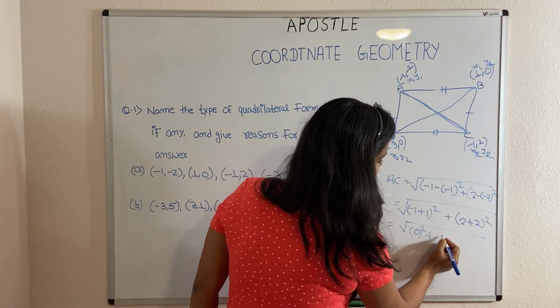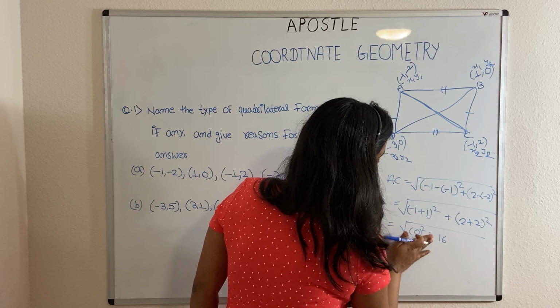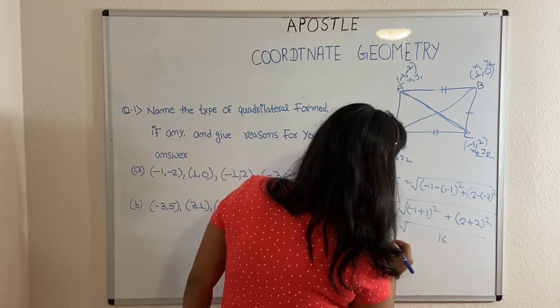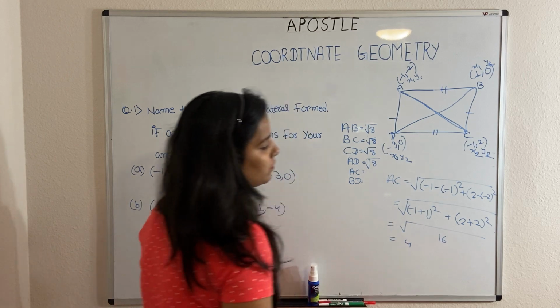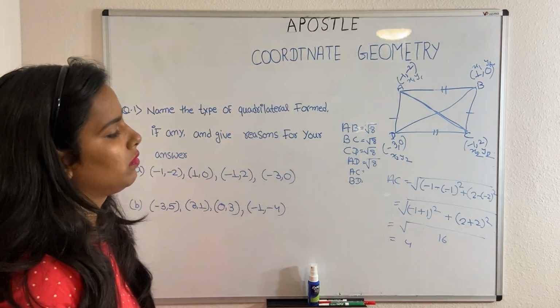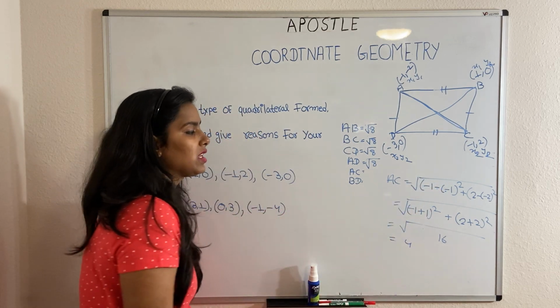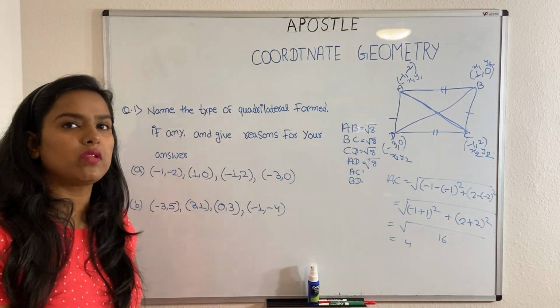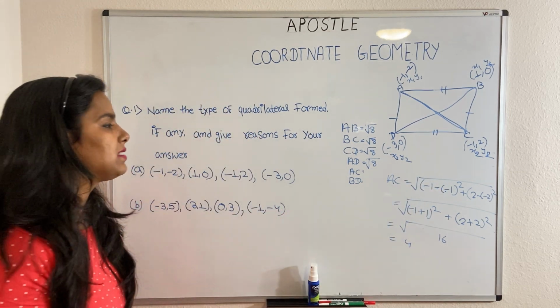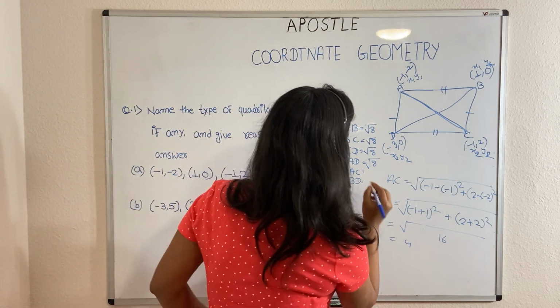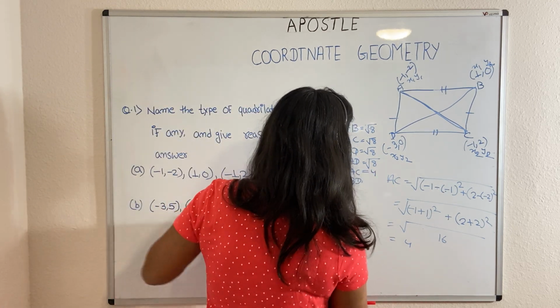So 4 square is 16, and the under root of 16 is 4. Clear? Is there any problem? Here this is very important: minus 1 plus 1 is going to cancel out. So the value of AC is 4.